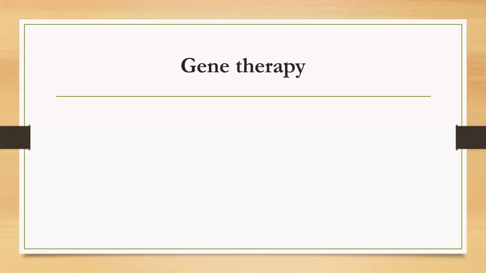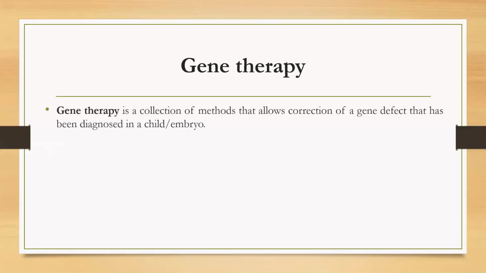Here, this is a gene disorder, genetic disorder. So gene disorder can be treated by the gene therapy. So gene therapy is a collection of methods that allows the correction of a gene defect that has been diagnosed in a child or embryo. So this is just like the correction of the problem.